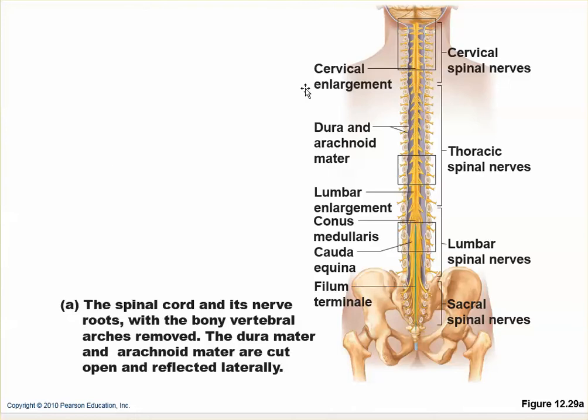Now the two enlargements: the cervical enlargement is where the nerve roots all come off for the upper limb, and the lumbar enlargement is where all the nerve roots come off for the lower limb. So your entire arm has nerves that originate in this area, and your entire lower limb has nerves that originate in this area.